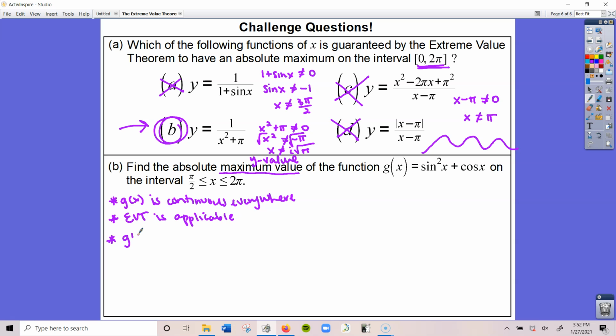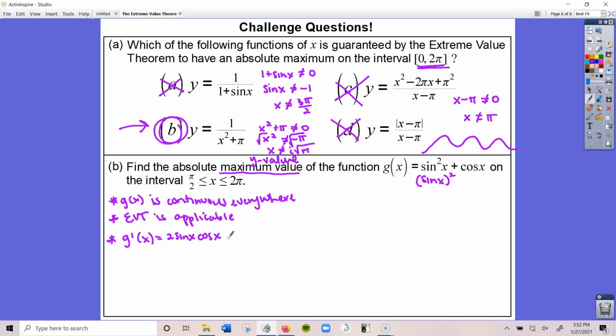So first we need g prime of x, which would equal 2 sine x, since this is the same thing as saying sine x squared. So we would have to apply the chain rule. So we move the exponent, so 2 sine x raised to the first power times the derivative of sine, which is cosine.